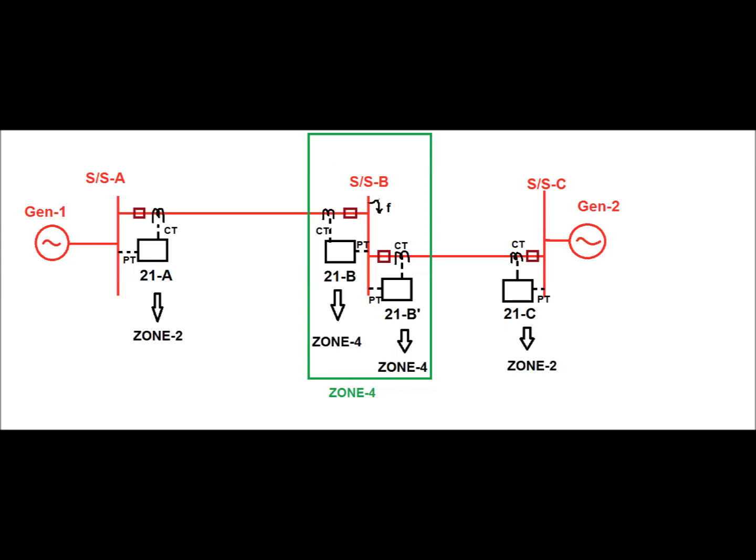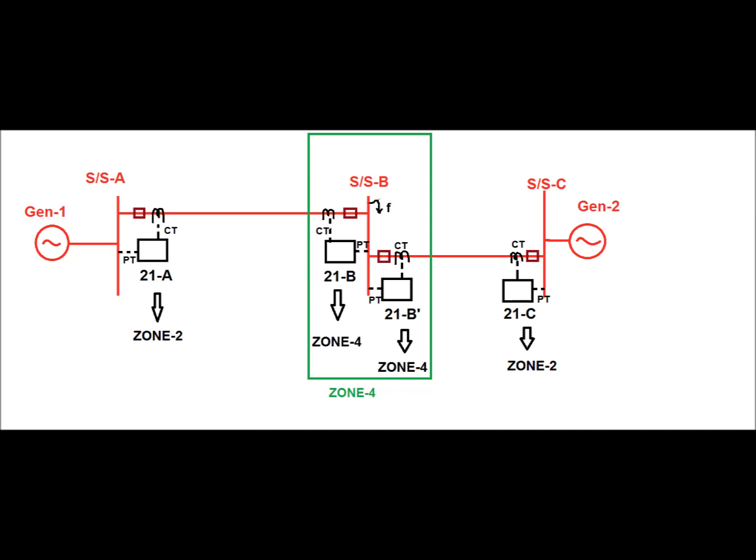Now consider a fault occurs at a point F, that is at the bus of substation B, and substation B has no busbar protection. Then this fault should be cleared at zone 2 time by the 21C relay at substation C end, and similarly by the 21A relay at substation A end at zone 2 time. Both relays should trip at zone 2 time, that is 300 to 350 millisecond.